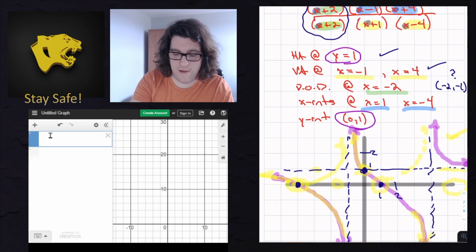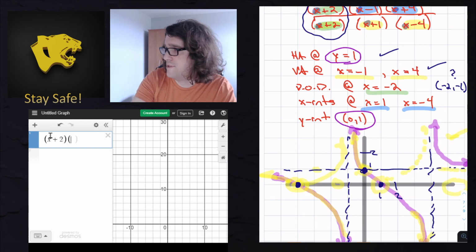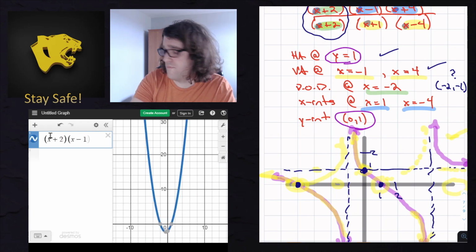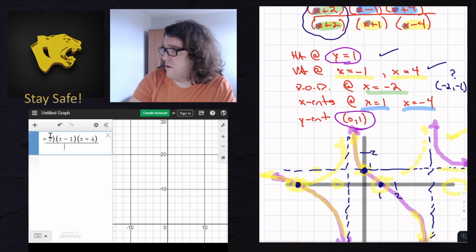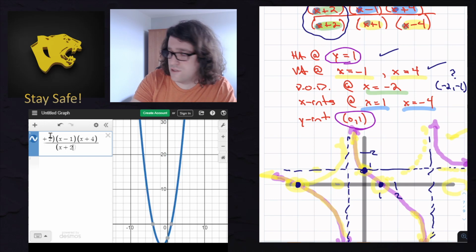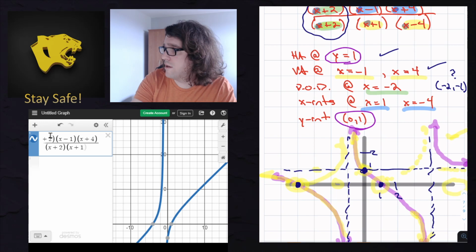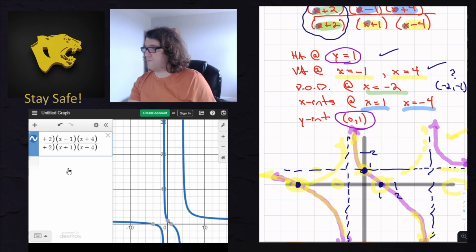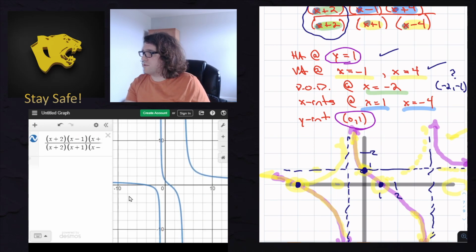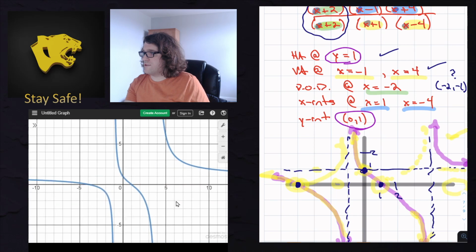So in its factored form, it's x plus 2 times x minus 1 times x plus 4 all over x plus 2 times x plus 1 times x minus 4. All right, so let's see how we did. So this is what I have here versus what I drew over here.